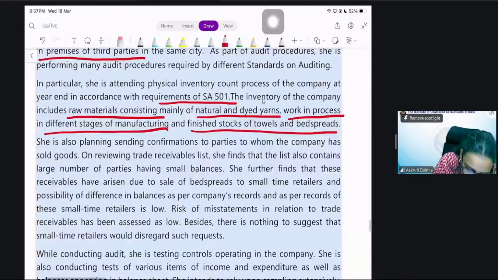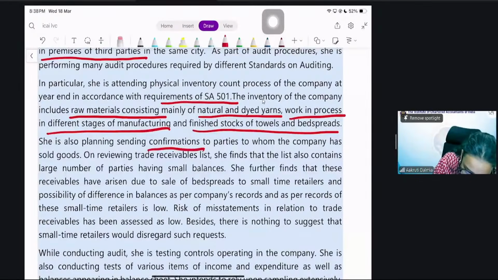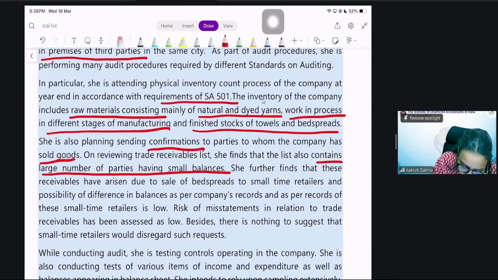She's also planning to send confirmations to parties to whom the company has sold goods. On reviewing the trade receivable list, she finds that the list also contains a large number of parties having small balances. She further finds that these receivables have arisen due to sale of bedspreads to small-time retailers, and the possibility of difference in balance as per company's records and as per the records of these small-time retailers is very low.